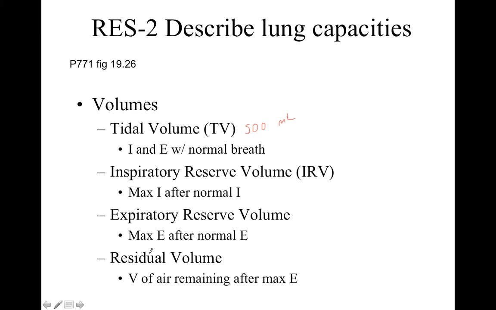And there's always a residual volume in the lungs, which is how much air is in there after your maximum exhalation. The residual volume is just keeping the lungs inflated.